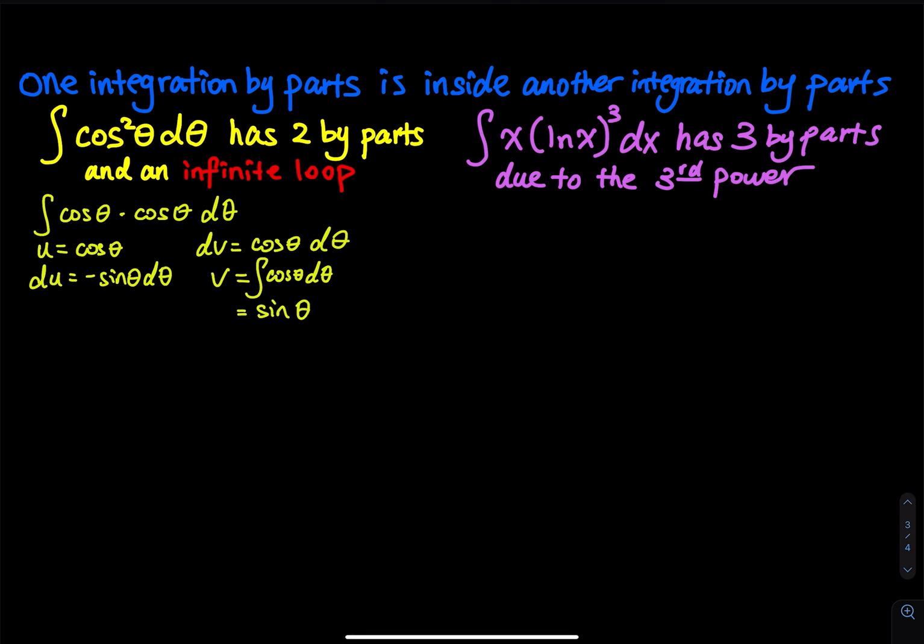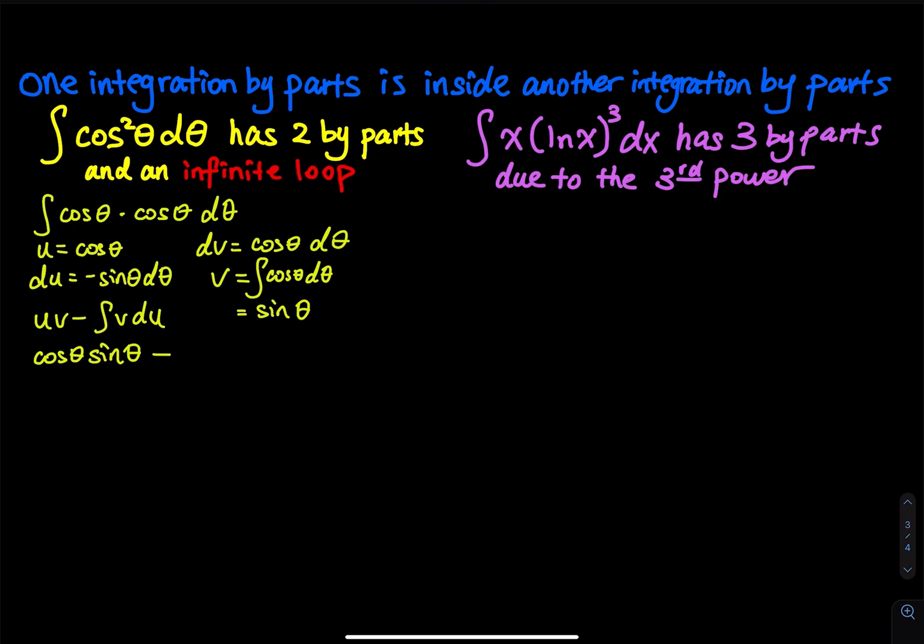So this is the first integration by parts. Then you put them together by doing u times v minus the integral of v du. So let's see, what do we get? We have uv, so that is cosine of theta times sine of theta, and then minus the integral of v du.